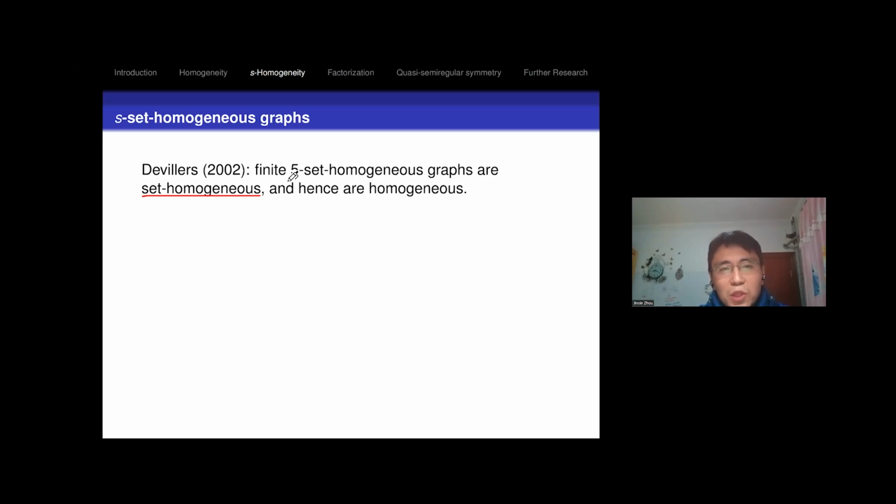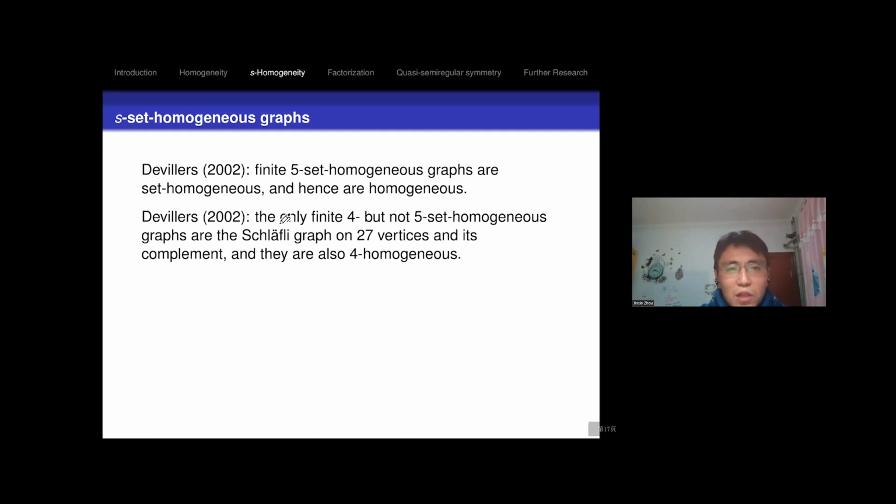So this means every finite 5-set homogeneous graph is homogeneous. And in the same paper, Devillers also proved that the only finite 4-set homogeneous but not 5-set homogeneous graphs are just the Schläfli graph and its complement. As we already know, these 2 graphs are also 4-homogeneous.